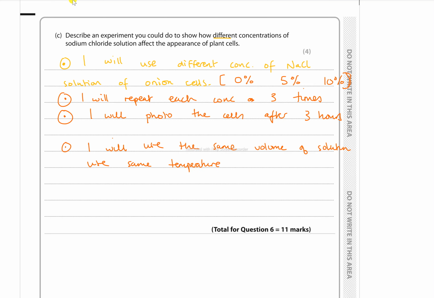I will also make sure I use the same type of cell. So this is like a little exam question that's come up.